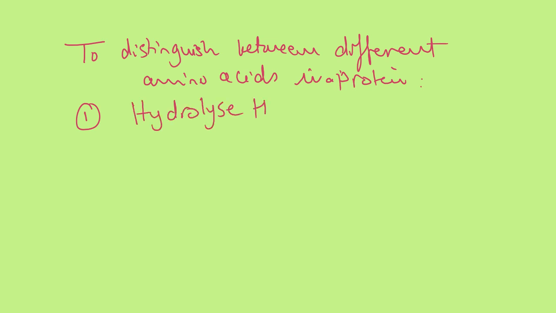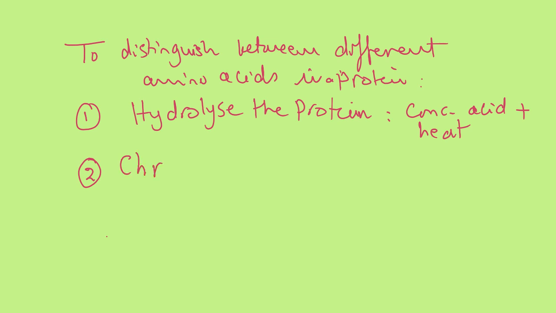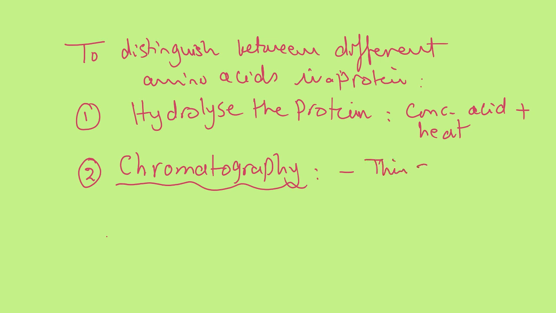How to hydrolyze the protein? We can't use enzyme because we are working in a lab. So you hydrolyze the protein by adding concentrated acids and heat. If you add concentrated acid and heat, you are going to break down the protein into the amino acids. And then to distinguish between the different types of amino acids, you undergo the process of chromatography. In chromatography, you distinguish between different types of amino acids depending on their size and their charge.